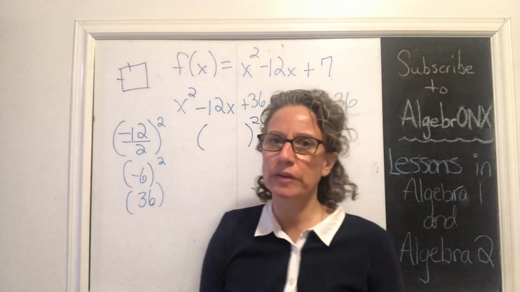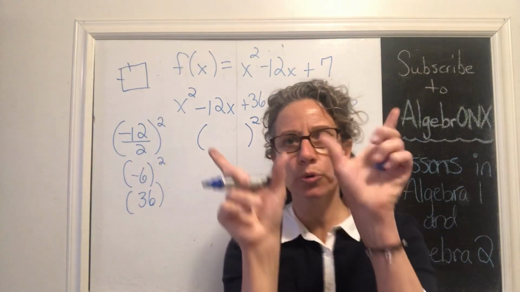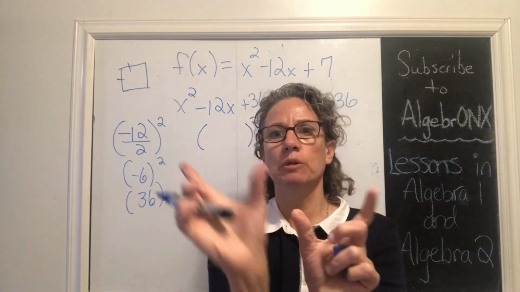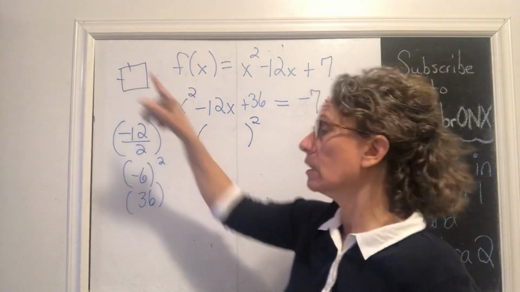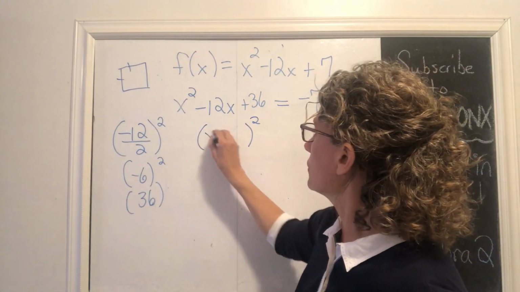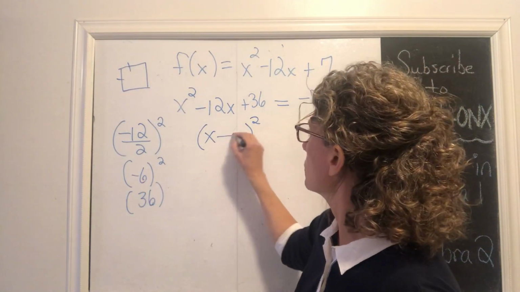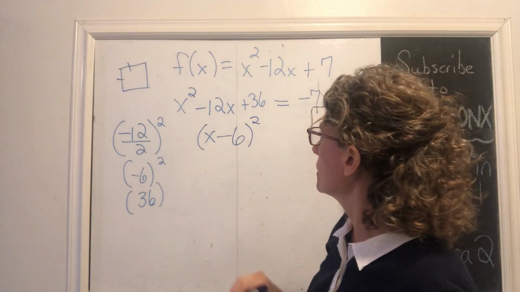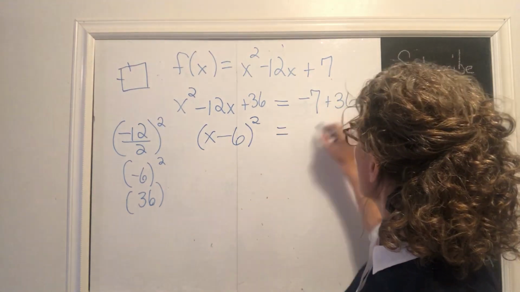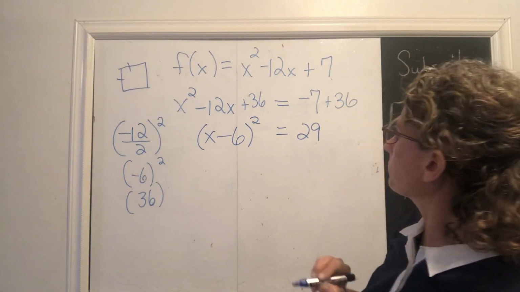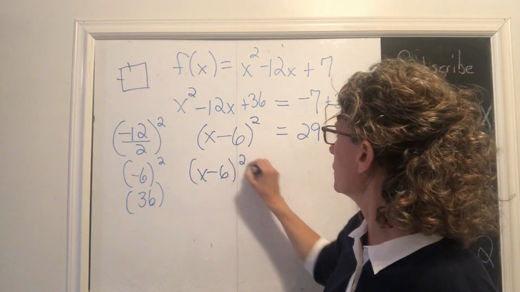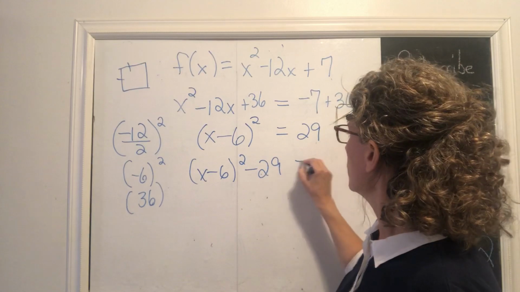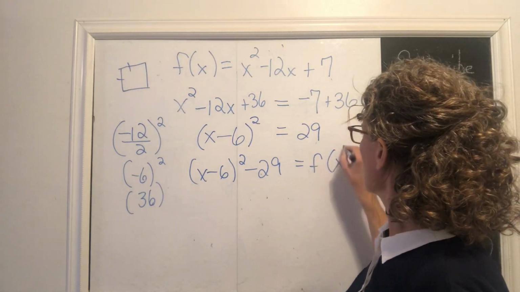It's like factoring it, except instead of writing two sets of parentheses with a binomial times a binomial, it's the same binomial because it's a perfect square. So the half number, the negative 6, is what goes inside the parentheses. And then you clean that side up and you move it back again. (x minus 6) quantity squared minus 29 equals, I'll put the f of x back in there, and now you're done.